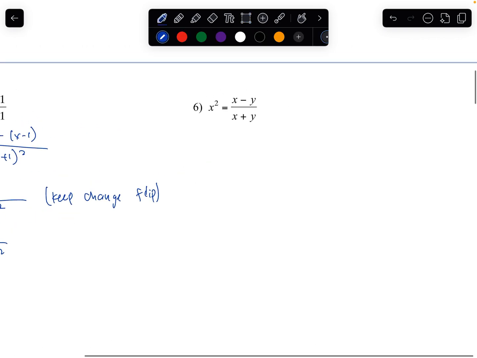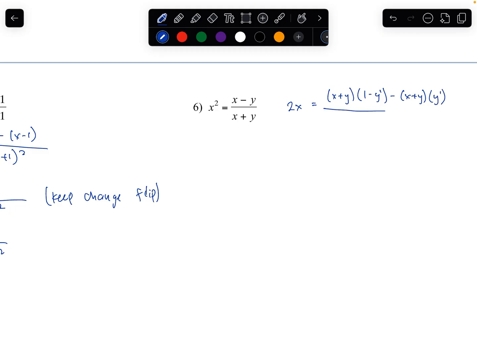Looks like it's the same kind of a deal. Excuse me. I have to use the quotient rule. So 2x will be equal to low d high. Now the derivative of the top would be 1 minus y prime. So low d high minus high, and then d low, which would be y prime, all over x plus y squared. Not looking good for us here. Maybe. I'm going to multiply this over here.